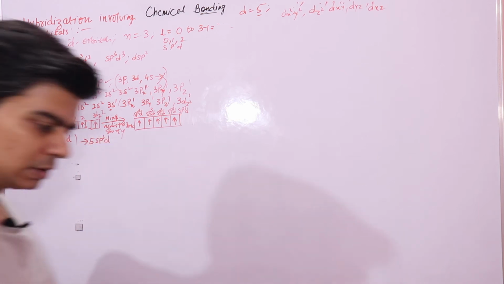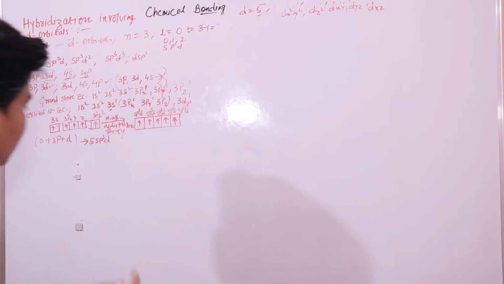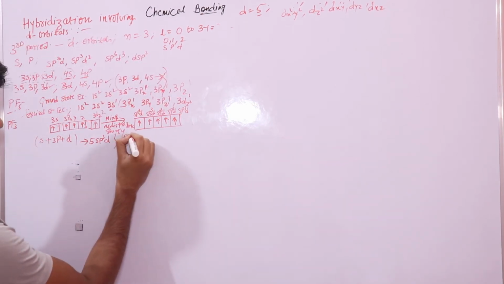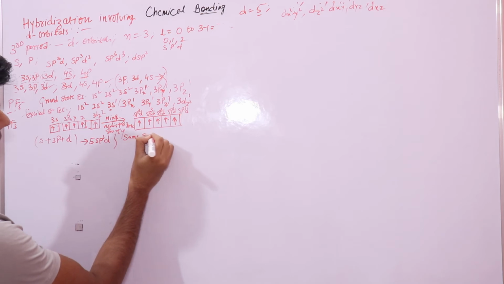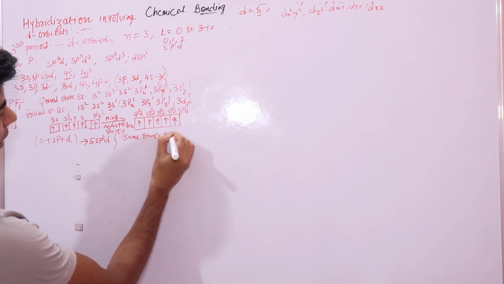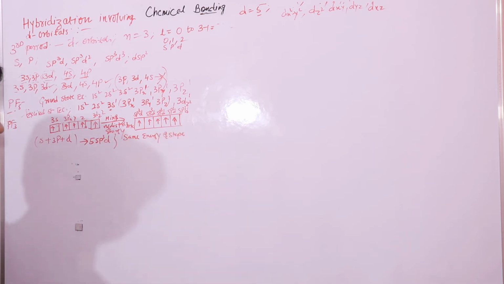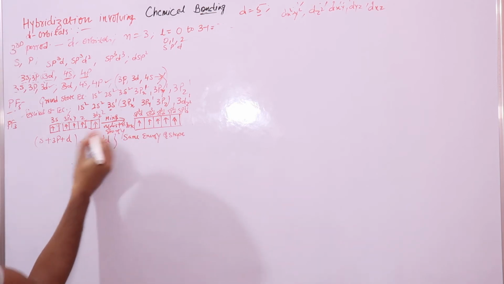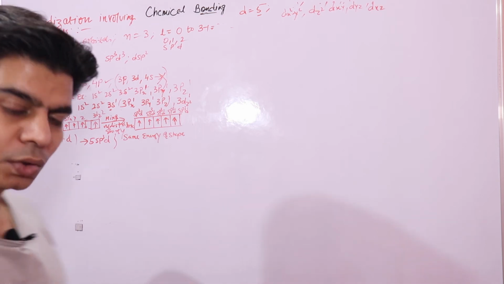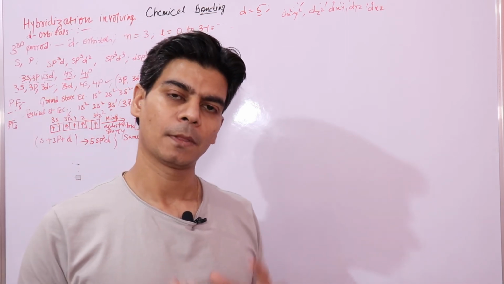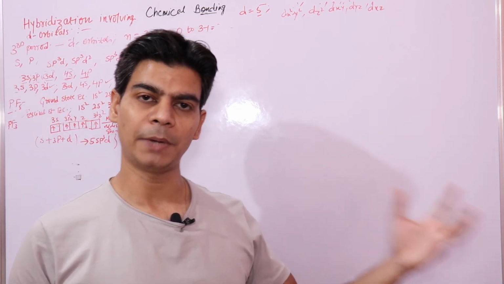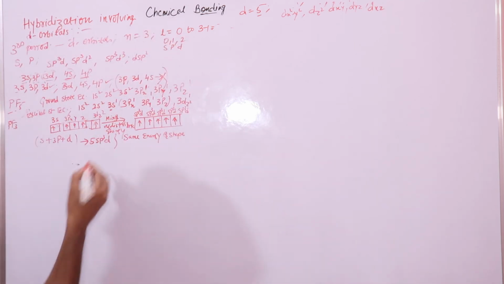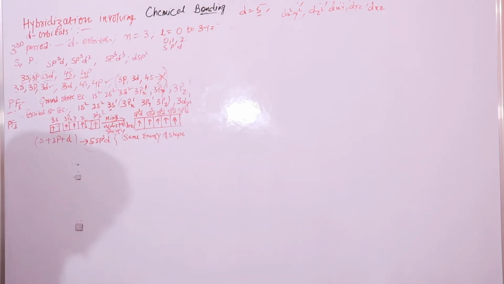And all these orbitals, we know, will have the same energy and shape, and would be directed towards the 5 corners of a trigonal bipyramid.